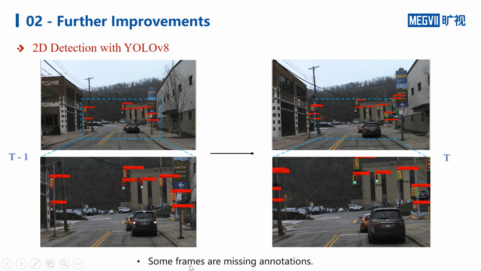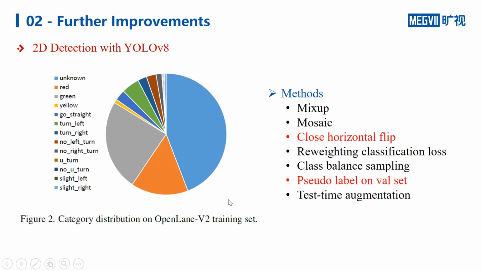This phenomenon of missed annotations can impact the training process of the model. Additionally, the dataset exhibits a relatively severe class imbalance issue. Therefore, when training YOLOv8, we employed certain modifications, such as class-balanced sampling and the use of pseudo-labels.